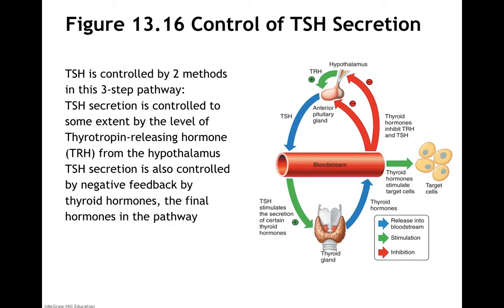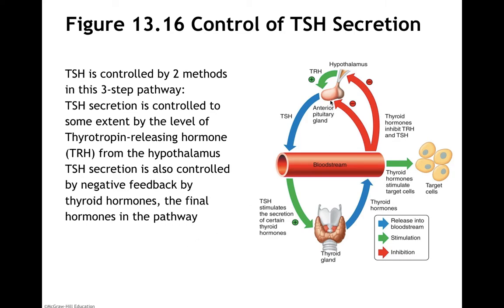So thyroid stimulating hormone has a two-method and three-step pathway. Thyroid stimulating hormone secretion is controlled to some extent by the level of thyrotropin releasing hormone from the hypothalamus. Thyroid stimulating hormone secretion is also controlled by negative feedback with the thyroid hormones, and those are the final hormones in the pathway.